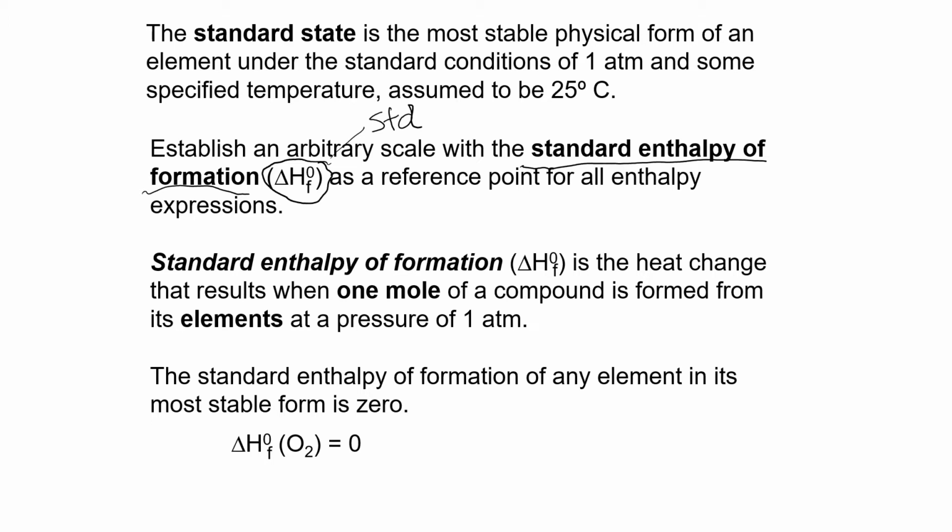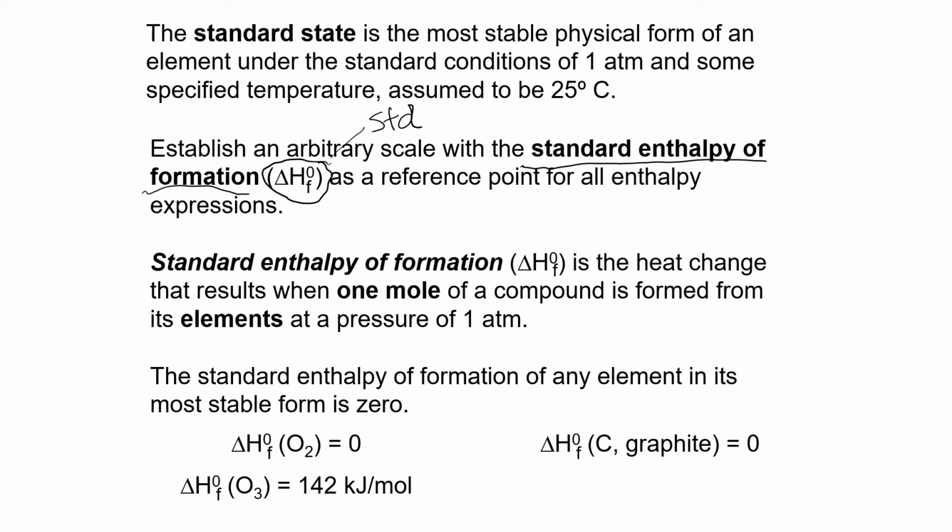Here's an example of molecular oxygen, which is O2 as its most stable physical state, has a delta H of formation of 0, compared to ozone, which has a positive heat of formation. So that is an endothermic process.